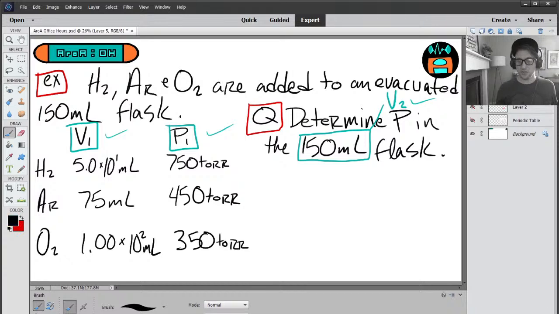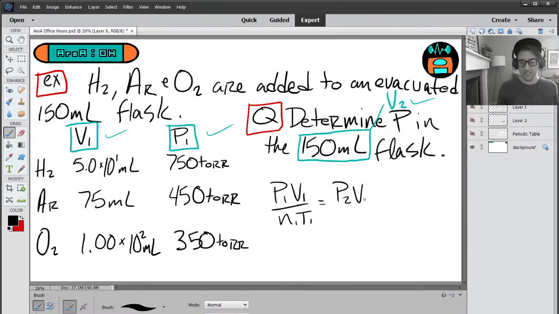we can actually use a version of the combined gas law, right? We know that the combined gas law is P1V1 over n1T1 equals P2V2 over n2T2.